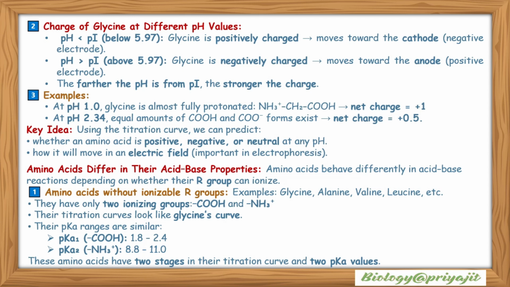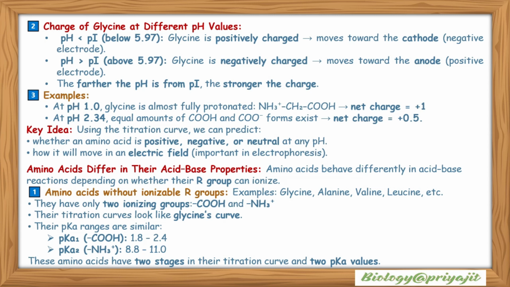So amino acids differ in their acid-base properties. Amino acids behave differently in acid-base reactions depending on whether their R group can ionize. Amino acids without an ionizable group, examples glycine, alanine, valine, leucine, etc., have only two ionizing groups, the COOH and the NH3+.